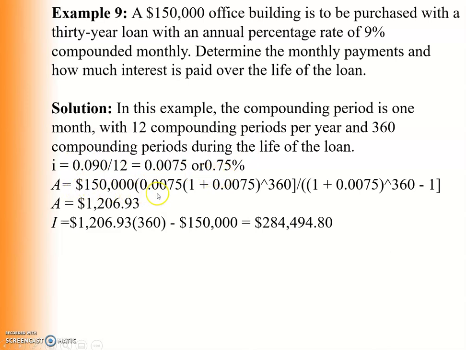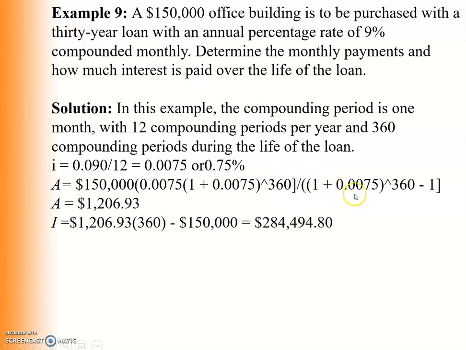So, from the formula which was given before, 150,000 times 0.0075, that is the i, and then (1 plus i) to the power 360. Now 360 is the number of periods, because the loan was for 30 years, and in 30 years there are 360 months.